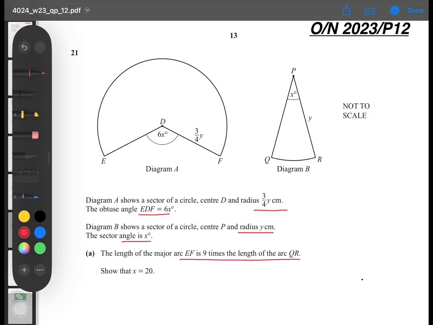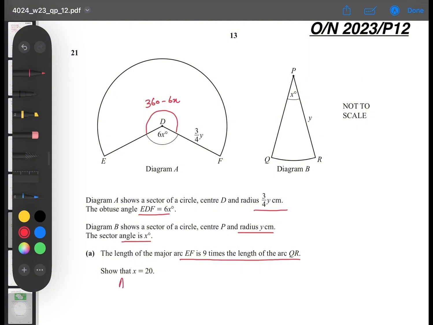So if you see the sector shape of diagram A, the radius is 3/4 pi centimeters and the obtuse angle is 6x degrees. So we can find the reflex angle. So this is 360 minus 6x. The given condition is that the length of arc EF is 9 times the length of the arc QR.